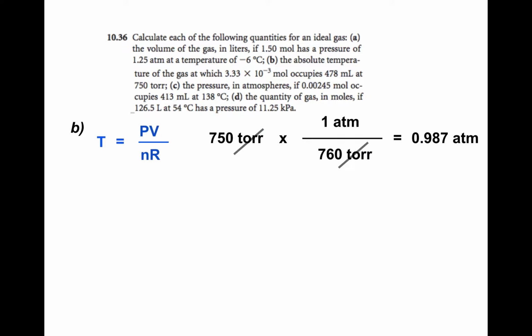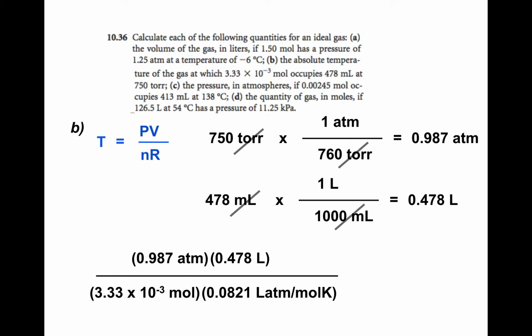As I said, we have to have our pressure in atmospheres, and we have to have our volume in liters, and we have to have our temperature in Kelvin. So we add 273, we're solving for the temperature in Kelvin, right? So we plug into PV over nR and solve for T in Kelvin.